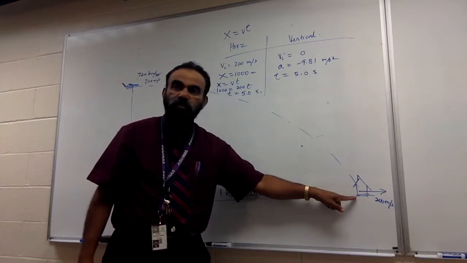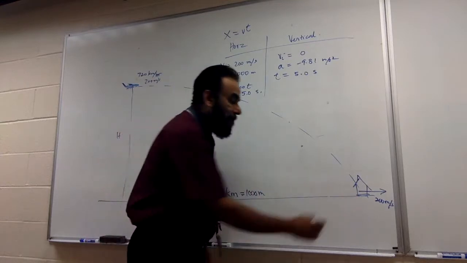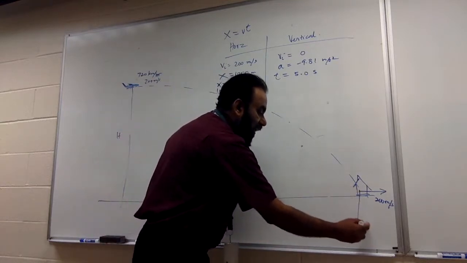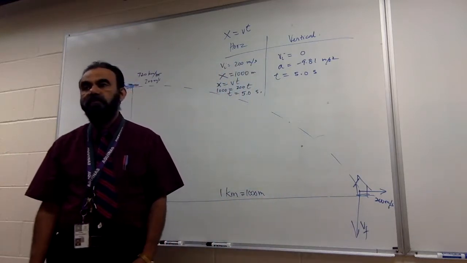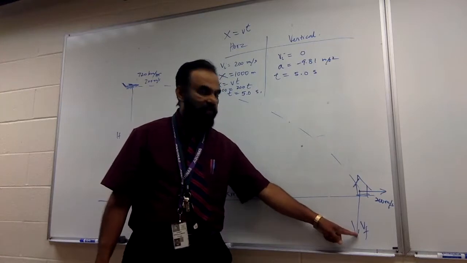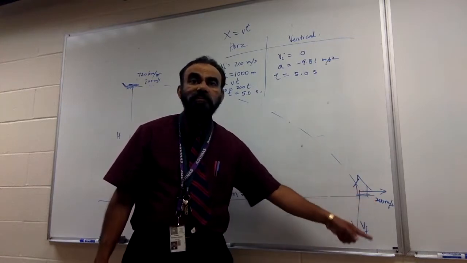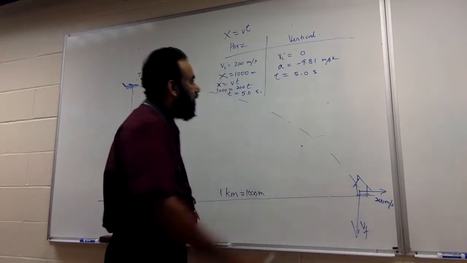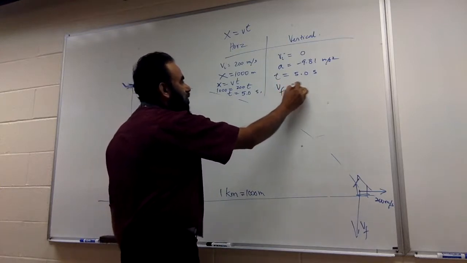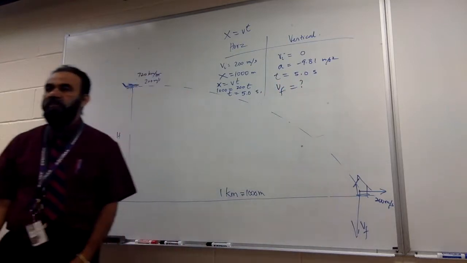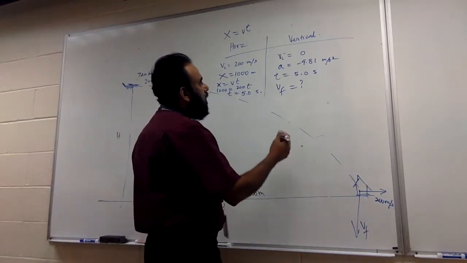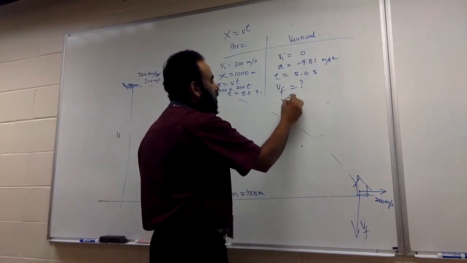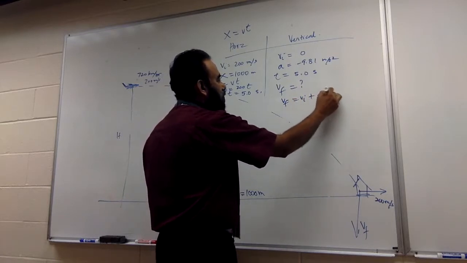Now, at this point, there is also a vertical velocity, Vf. We need to figure that out. If you can figure out this Vf, because you know this, you can find the resultant. Okay. So Vf is something that I'm trying to find out. What equation will best fit there? Vf equals Vi plus at. Yeah, you can do that. Vf is equal to Vi plus at because we have everything else.